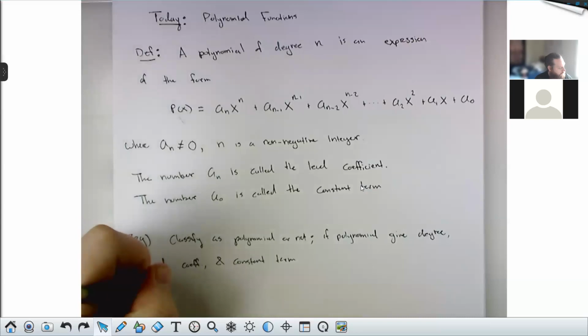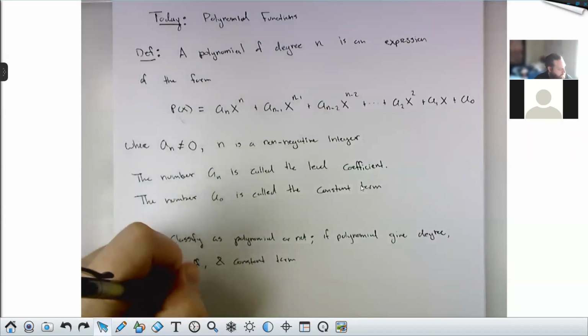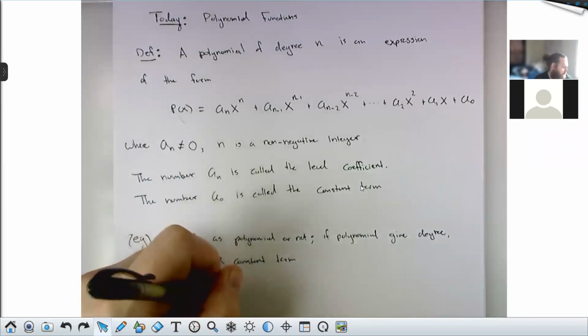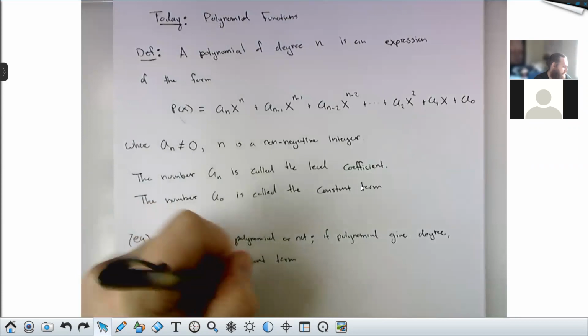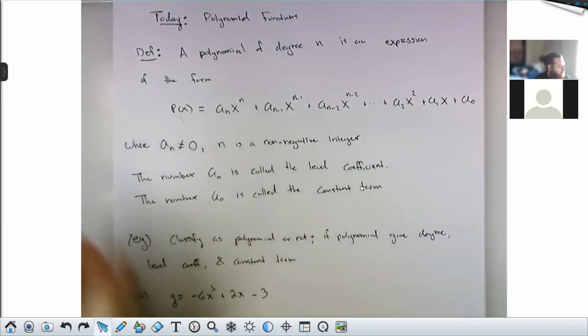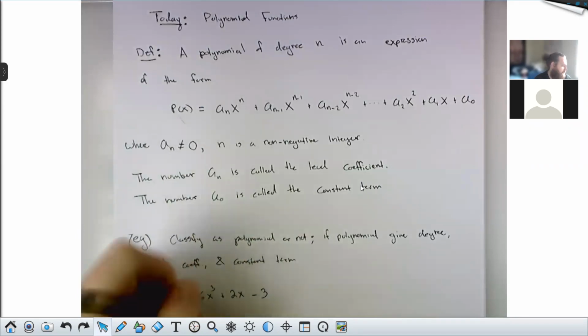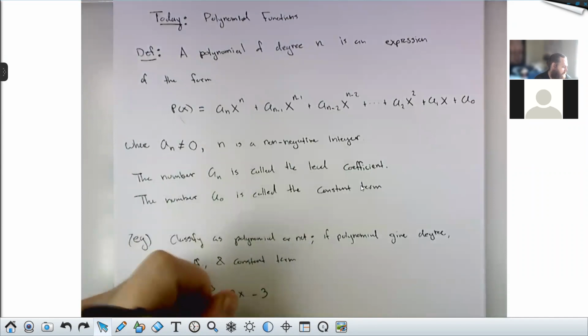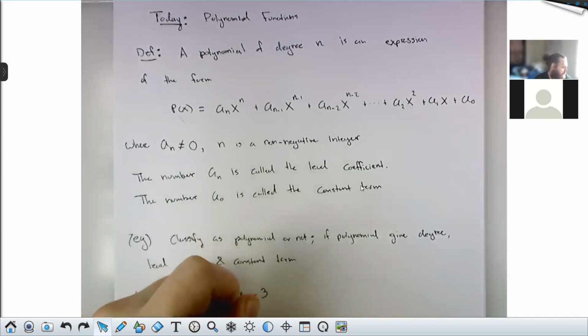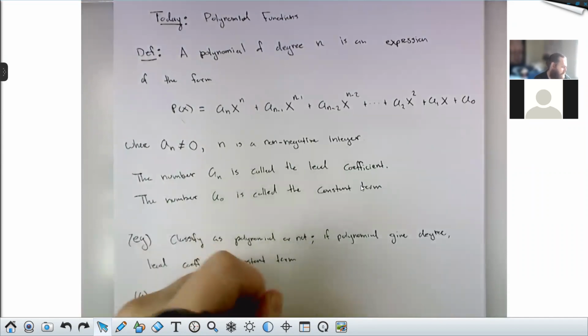So how about y equals -6x cubed plus 2x minus 3. F of x here could be something like x squared minus 10x plus 7.